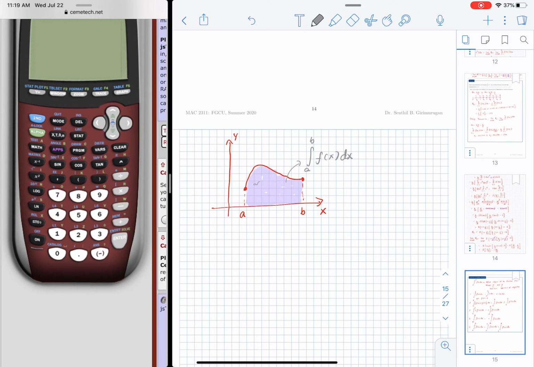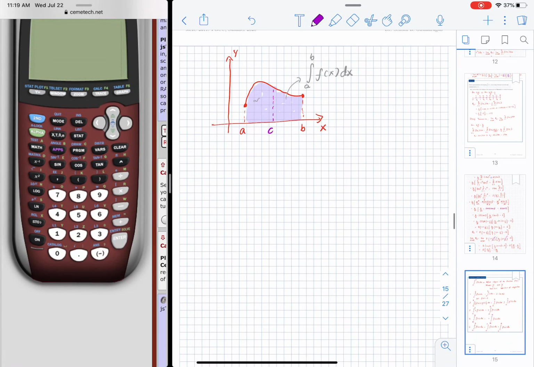What we are trying to say is if we pick a number c, I can find the area from a to c, add it to the area from c to b, which would be that part.